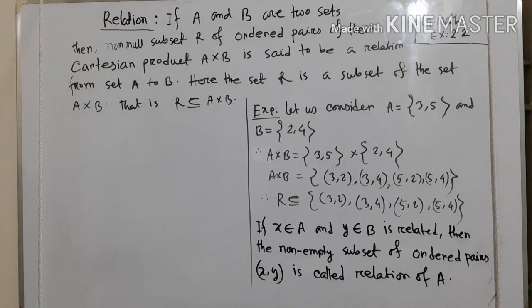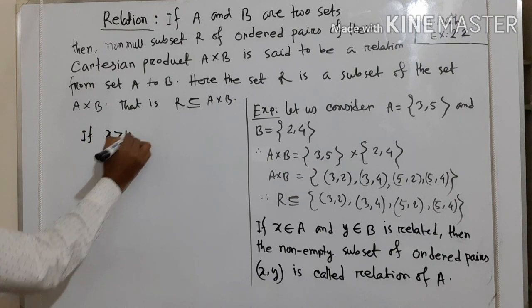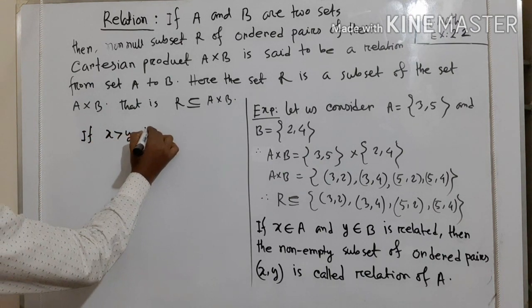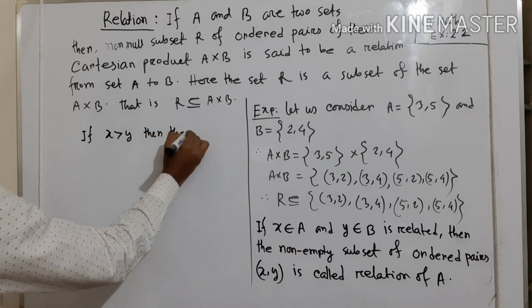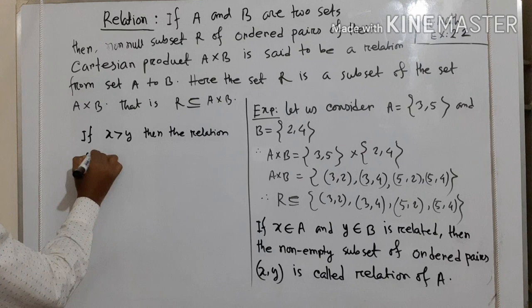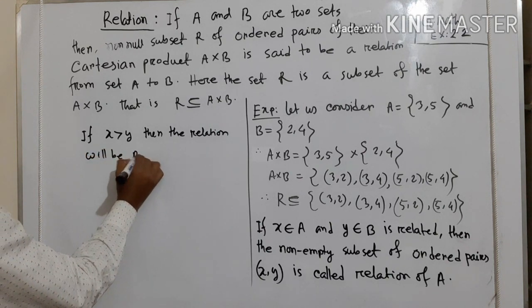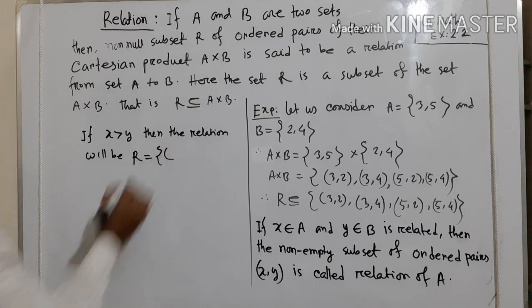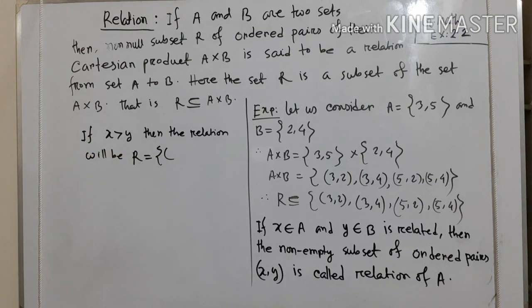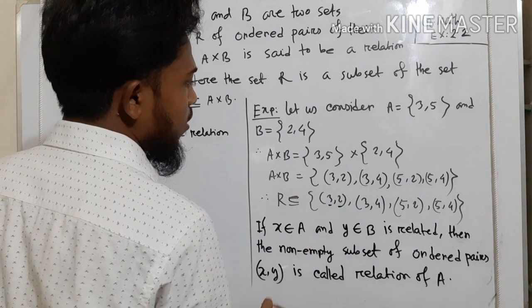Look, if x is greater than y, then the relation will be R equal to, here x is greater than y. Suppose 3 is x and 2 is y.